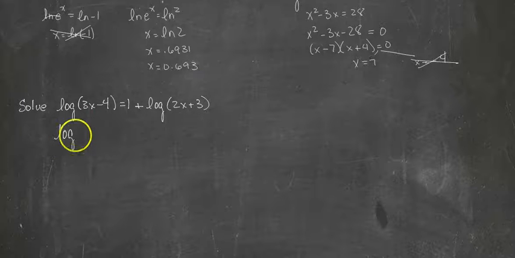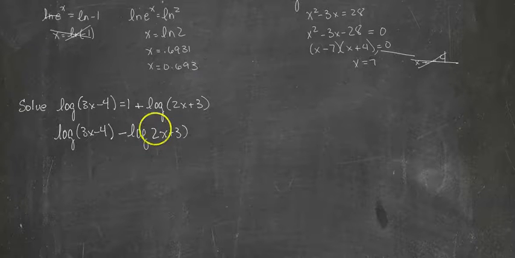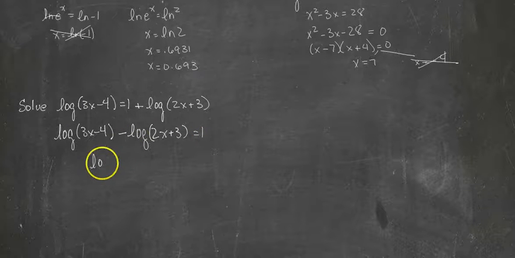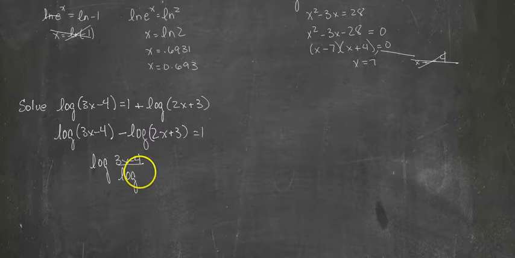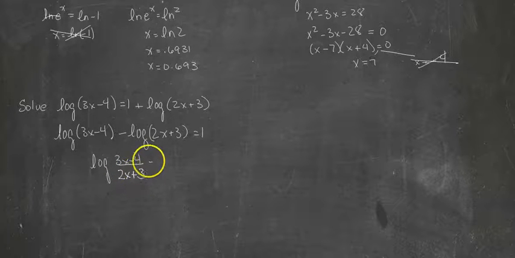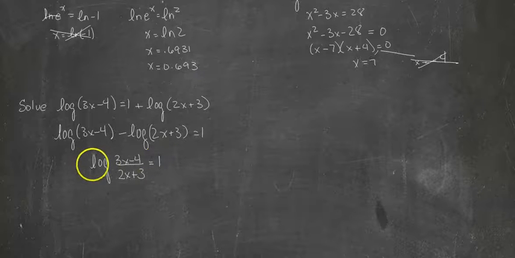If I have the log of (3x minus 4) minus the log of (2x plus 3) equals 1, well, I can condense these, so I get the log of (3x minus 4) over (2x plus 3) equals 1.